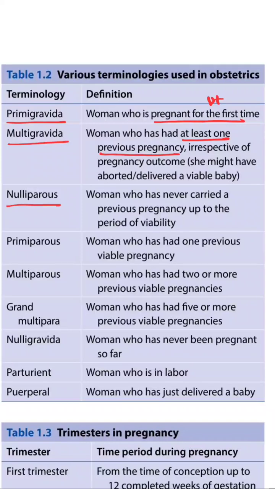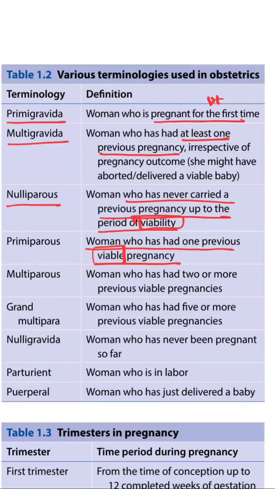What is nulliparous? A woman who has never carried a previous pregnancy up to the period of viability. This word viable is important.